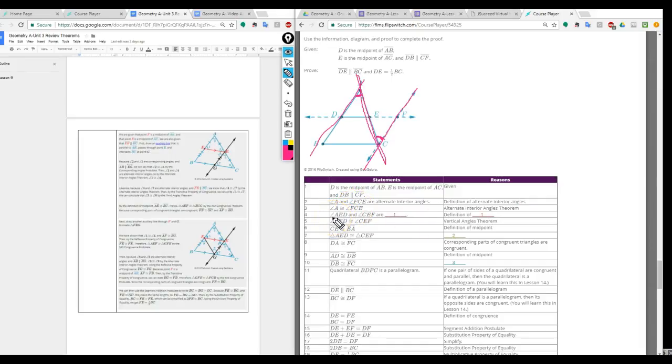Then that means that angle AED and angle CEF, right here, and AED, what kind of angle is this?